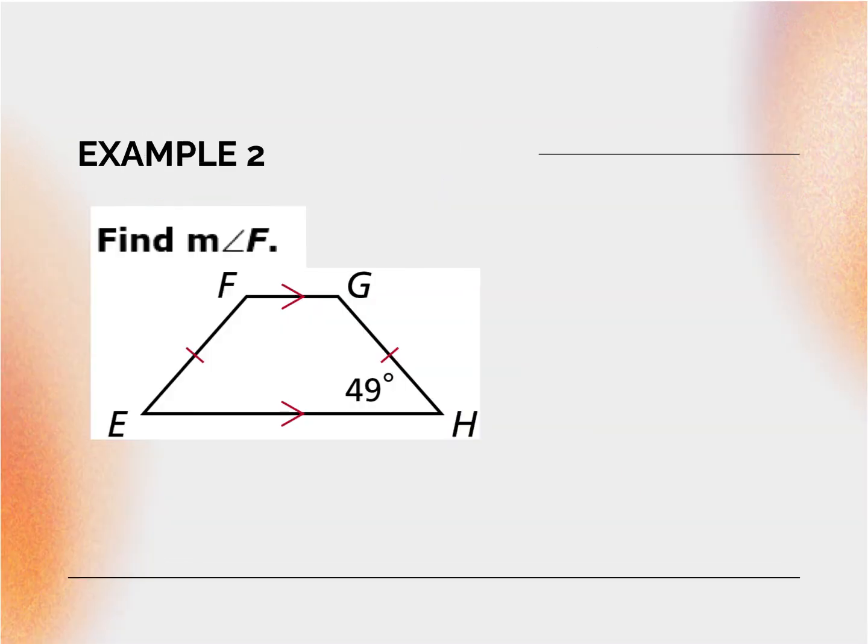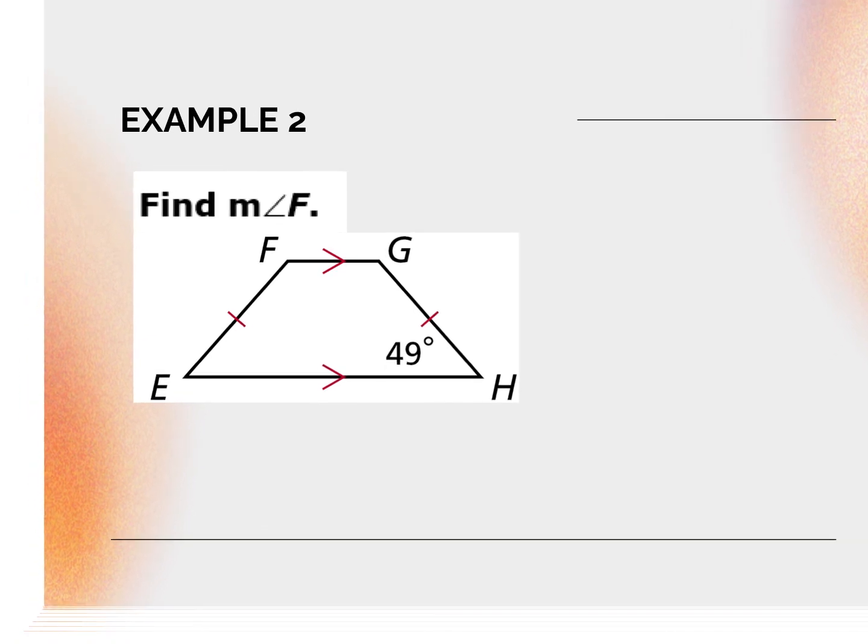Same thing. Notice again, it's an isosceles trapezoid. I have congruency marks on the legs. So, again, I use the same information that these base angles are congruent. So this one would also be 49. Then I can use the fact that I have parallel lines again.